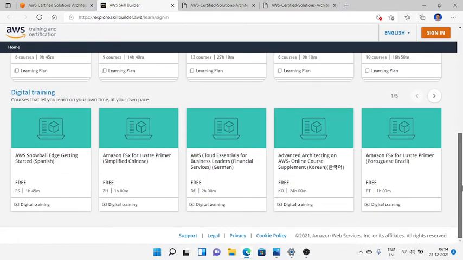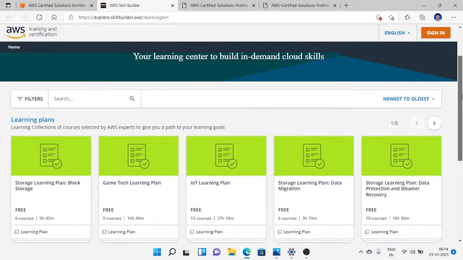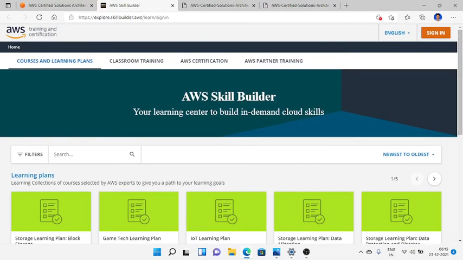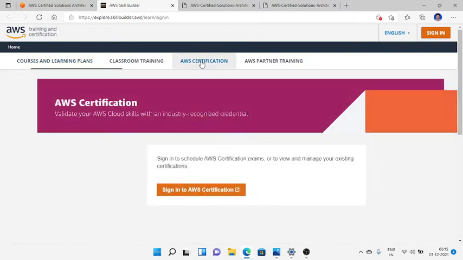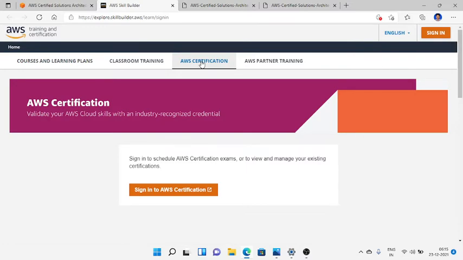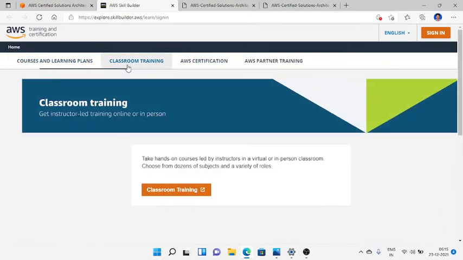For AWS, you have to check it for Solutions Architect. You have to search for it and you will get it. For practice questions, you will get the certification individually, for different topics.